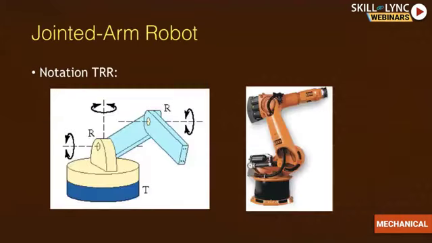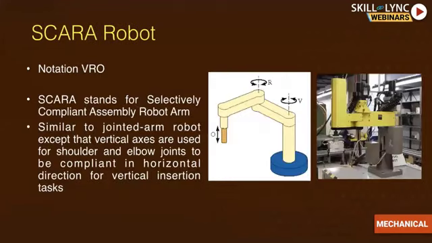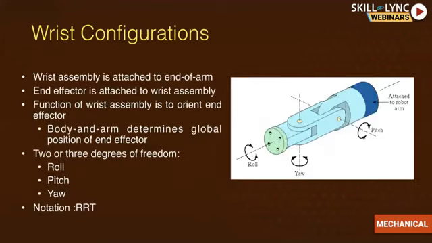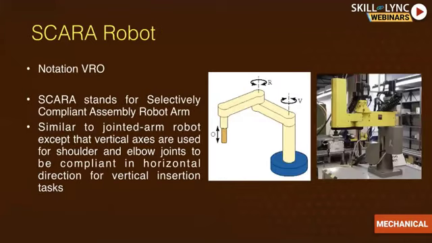And this is your famous jointed arm robot, which is found in most of the robotic arms. That is, all of them are rotational types. And if you go to companies where they assemble electronic chips and all that, they mostly use the SCARA robot. It has 2 rotational joints, and the last one is a sliding translation type. Most of the industrial robots have 6 degrees of freedom. Here you can see all of these are 3 degrees of freedom. Degrees of freedom is nothing but, each joint is going to have 1 degree of freedom.